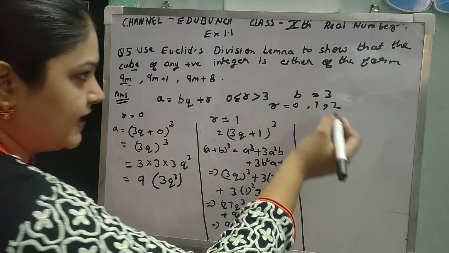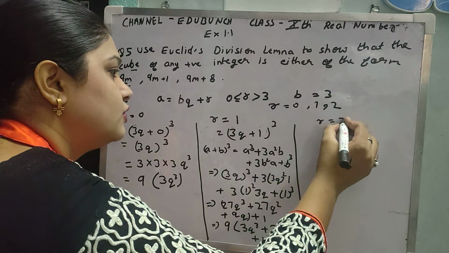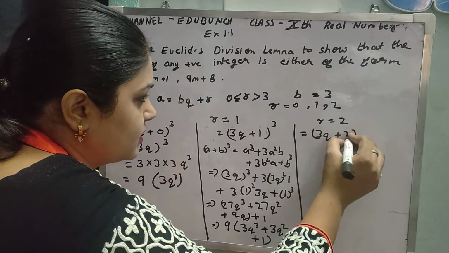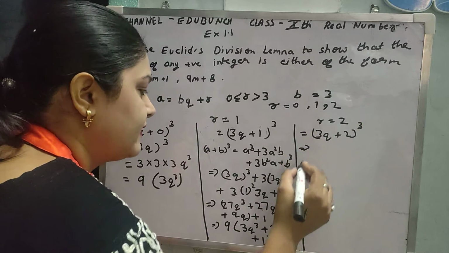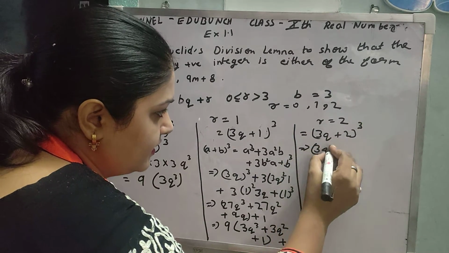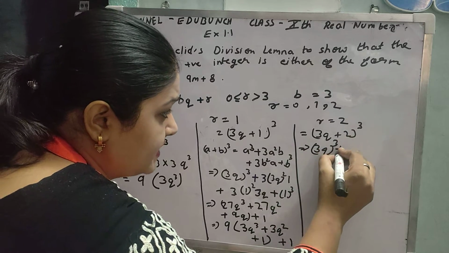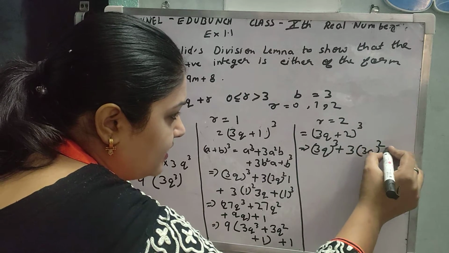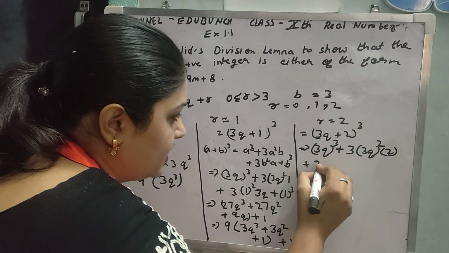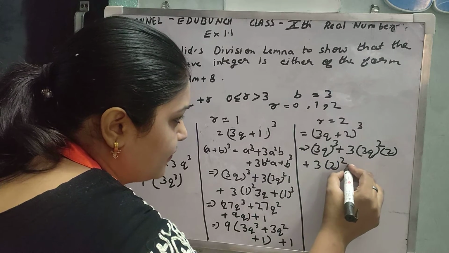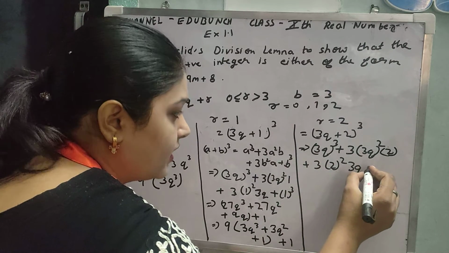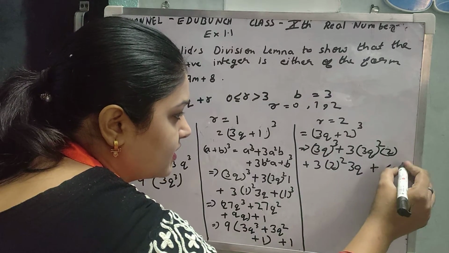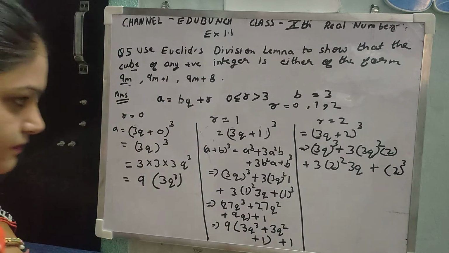For the next case, r is equal to 2. We are taking 3q plus 2. So 3q cube plus 3 a square b, meaning 3 into 3q square into 2, plus 3 b square a, meaning 3 into square of 2 into 3q, plus 2 cube.